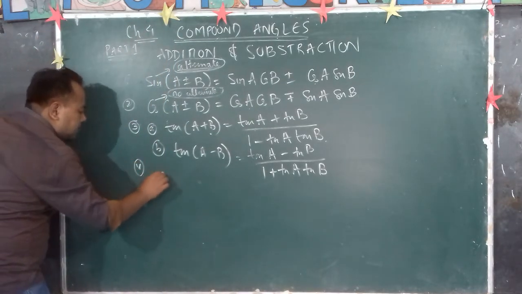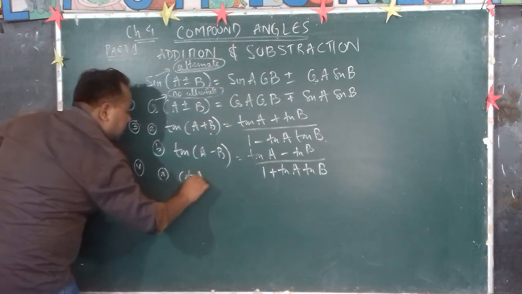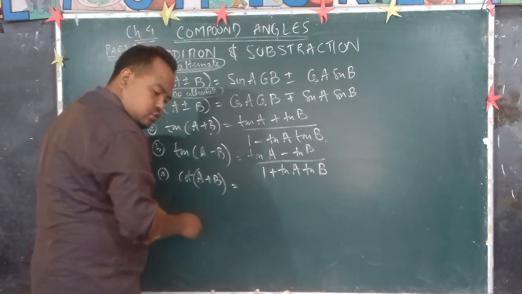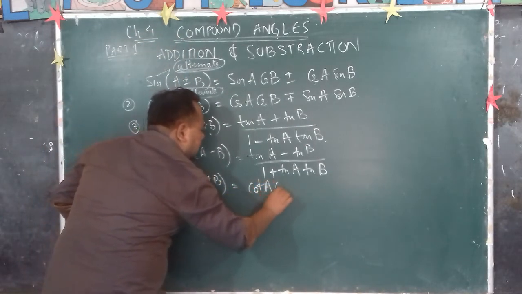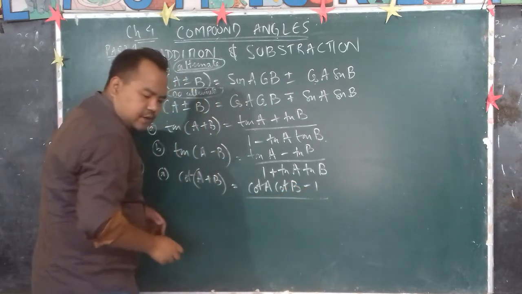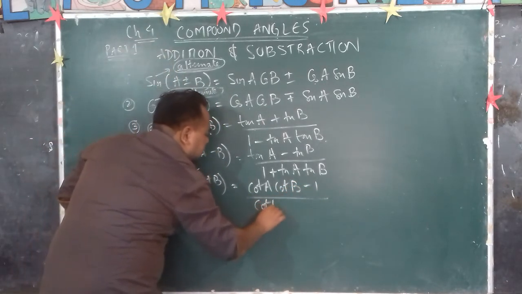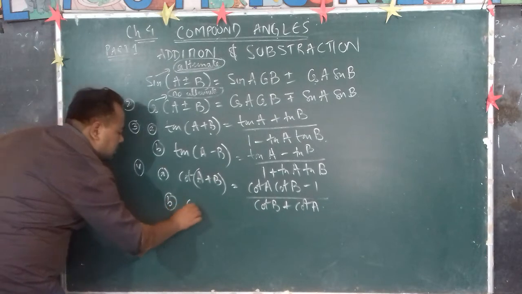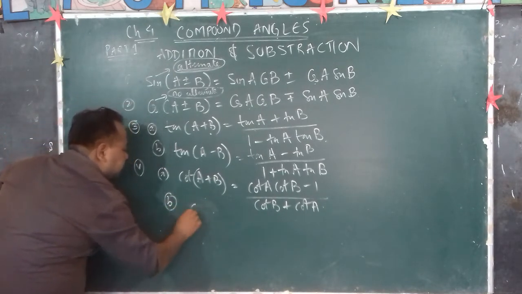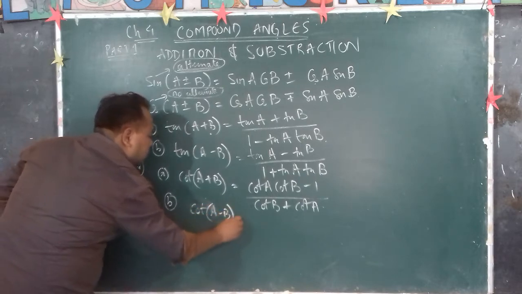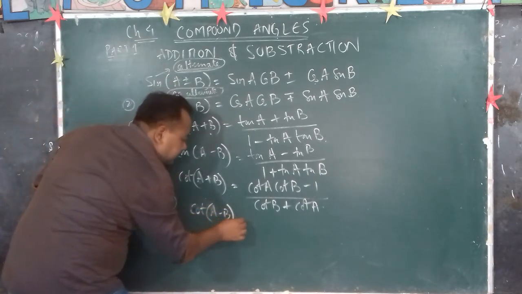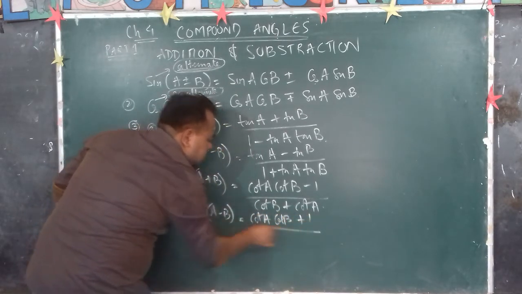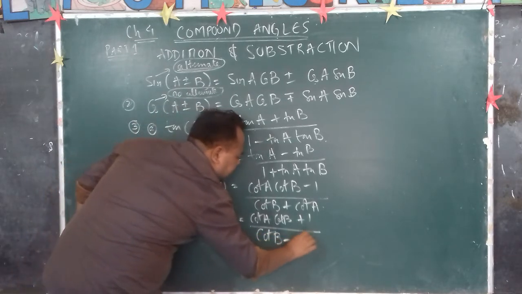Formula number 4: cot (a plus b) will be equal to cot a cot b minus 1 divided by cot b plus cot a, and the second one, cot (a minus b), will be equal to cot a cot b plus 1 divided by cot b minus cot a.